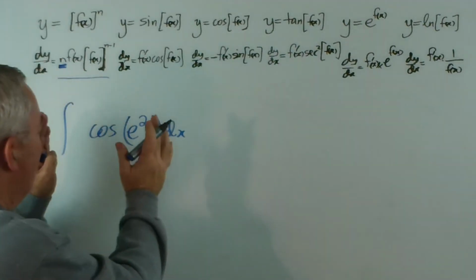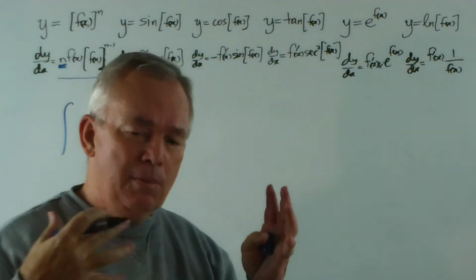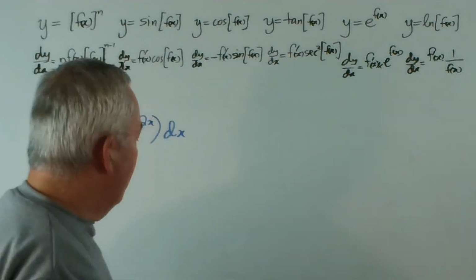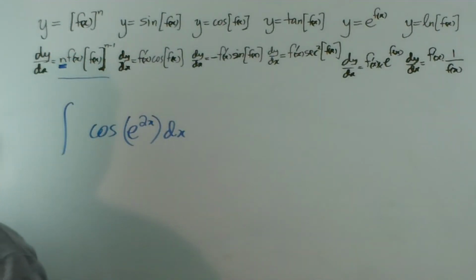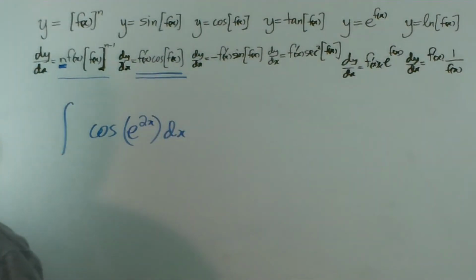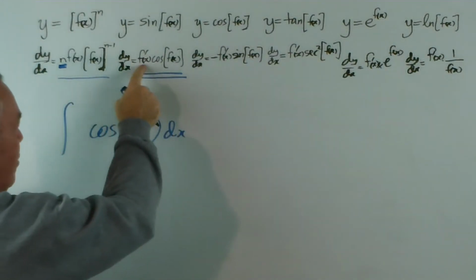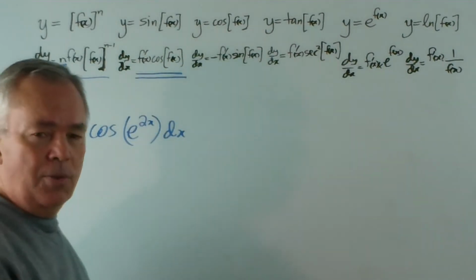Now if you have to integrate that by itself, you've got significant problems. It involves another method. To use this technique, the chain method, we needed to follow this pattern, and we would like to have the derivative of this function out the front. What's the derivative of e to the 2x?